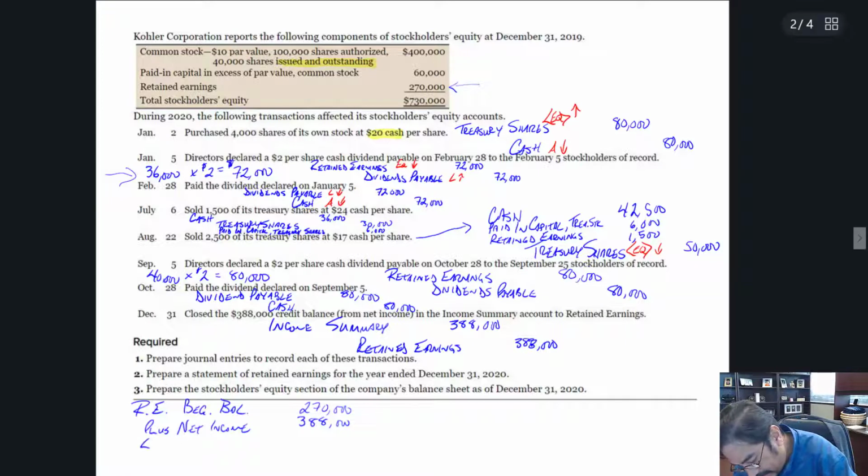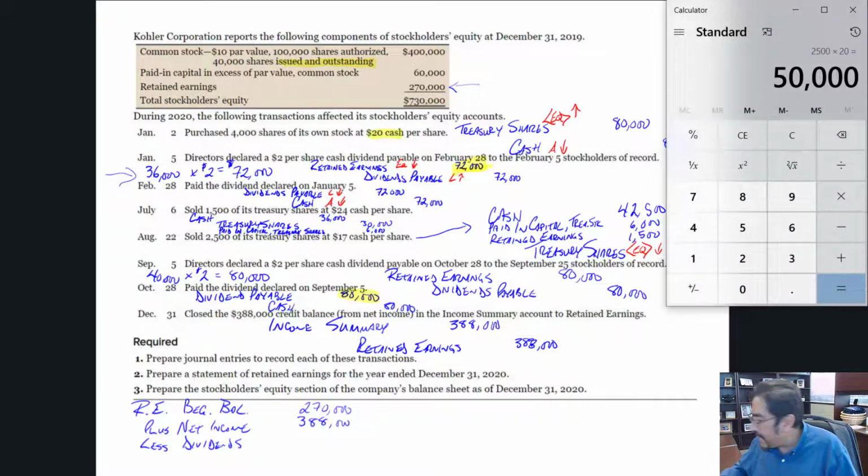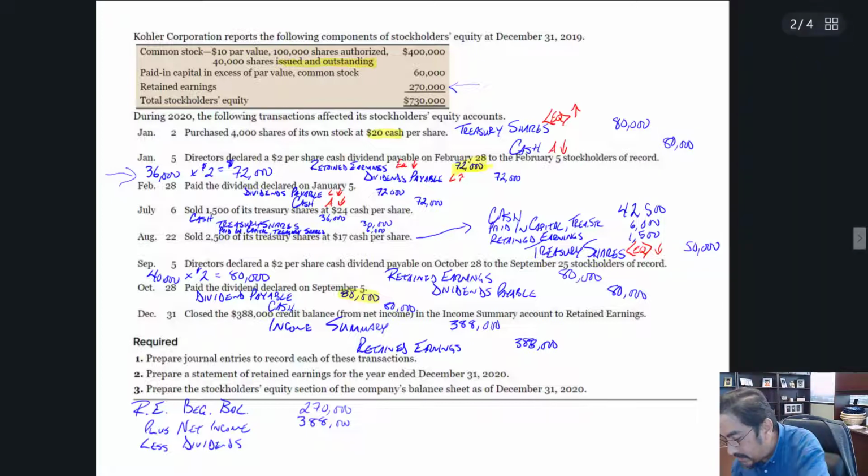Minus dividends. And our dividends were there. And we had another one here. So 72,000 and 80,000. $152,000 was our dividends.